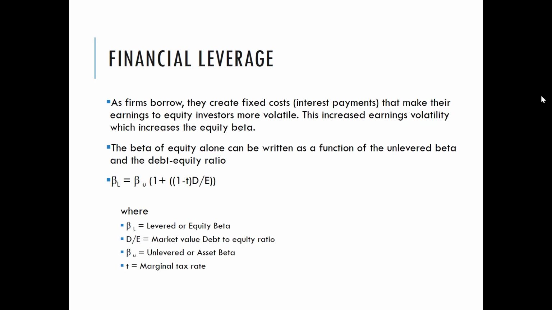So the idea is that you get a closer idea of what the true relative risk of being in this industry is. You essentially just plug and play this formula to figure out what the unlevered beta would be.